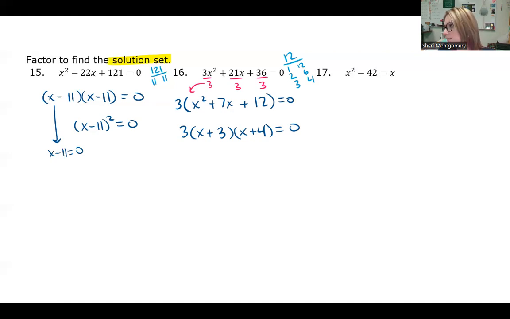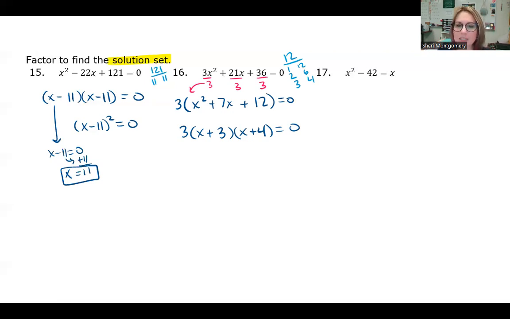So what does x equal? 11. When you add 11, you get 11. So this is my solution, and I don't have to do it twice. So the solution is x is equal to 11.